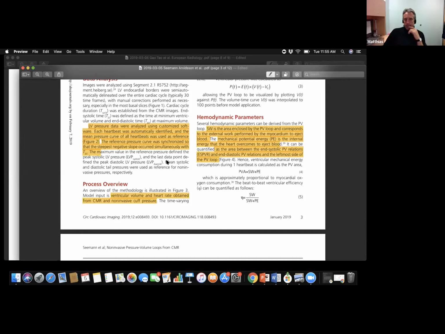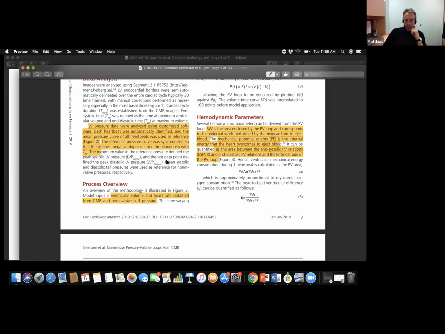We did a few sensitivity analyses, and most parameters are not very sensitive even if you have quite a big range of this end diastolic pressure. But if you're studying, for example, comparing HFpEF patients to HFrEF patients, you would want to have a good estimation of the end diastolic pressure.